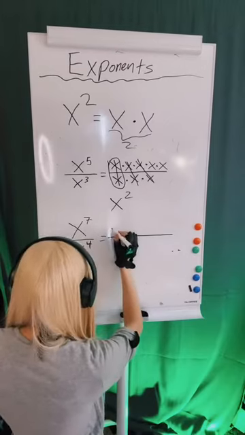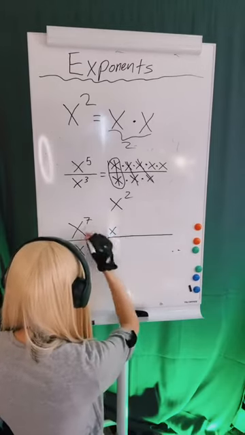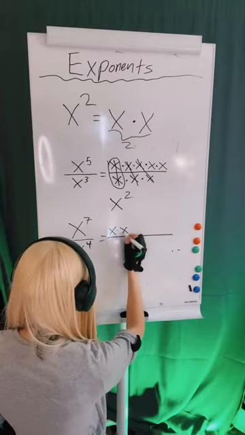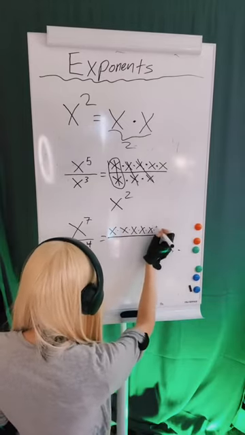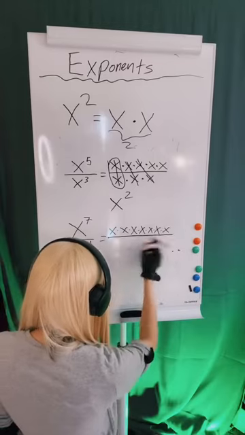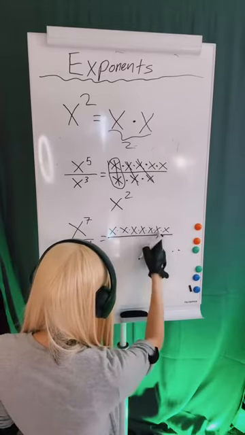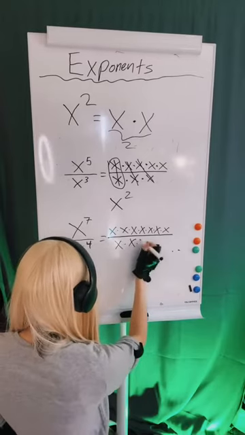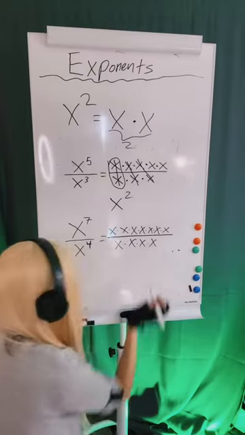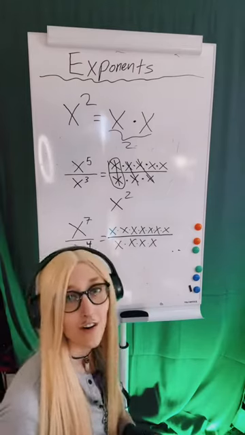Okay. So this is saying I have 7 x's on top. 1, 2, 3, 4, 5, 6, 7. And I've got 4 on the bottom. 1, 2, 3, 4. Beautiful.